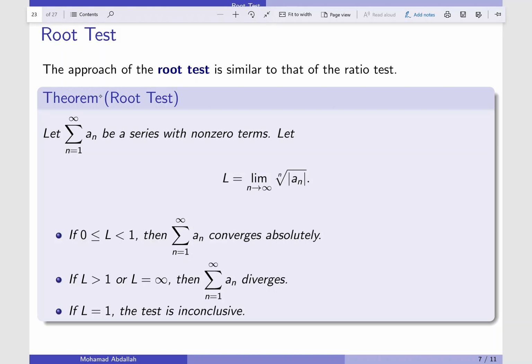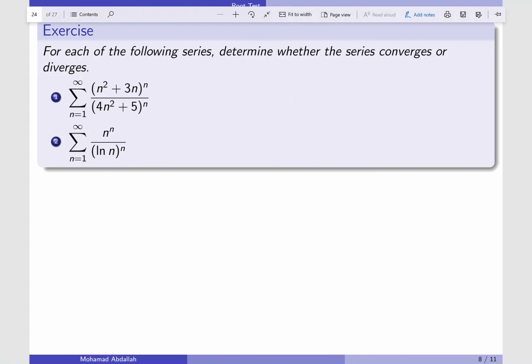If the limit is between 0 and 1, including 0, then it's converging absolutely as well. If the limit is bigger than 1 or infinity, then it's divergent. If L is equal to 1, the test is inconclusive. You can use either one of them, but from practice, you will be able to tell which is easier to use. Let me show you an example to show you where this is better than the ratio test.